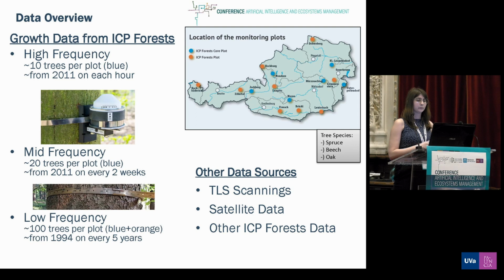We have different measurements on soil, so soil temperature, soil moisture, but also chemical analyses that are done at really high frequency: for deposition it is every 2 weeks, and the soil water chemistry is also analyzed every 2 weeks.